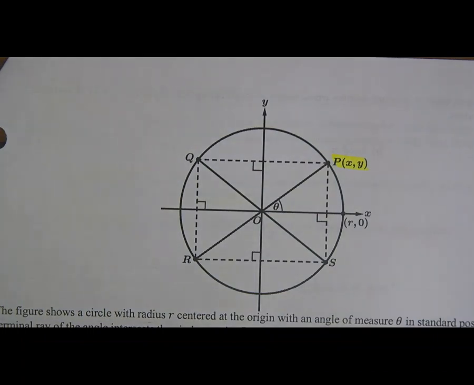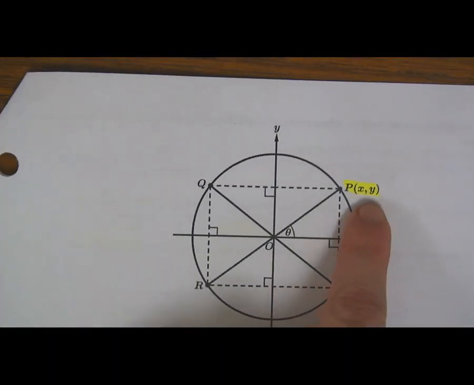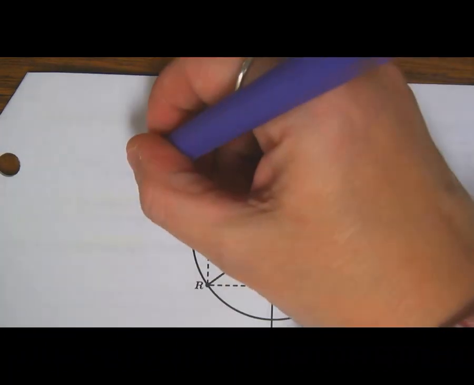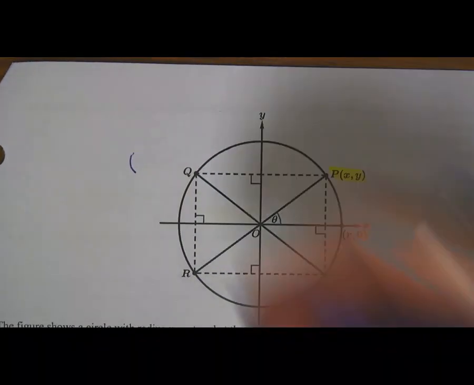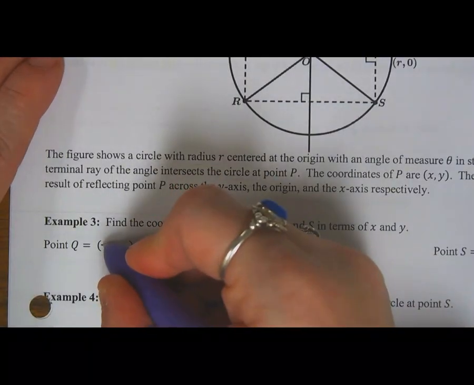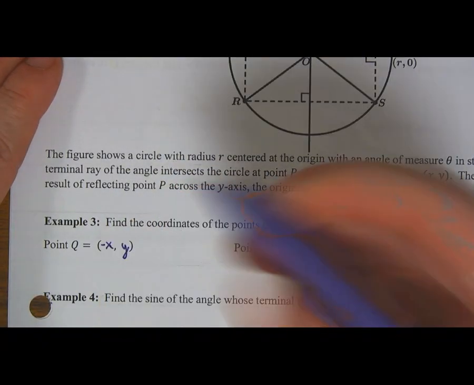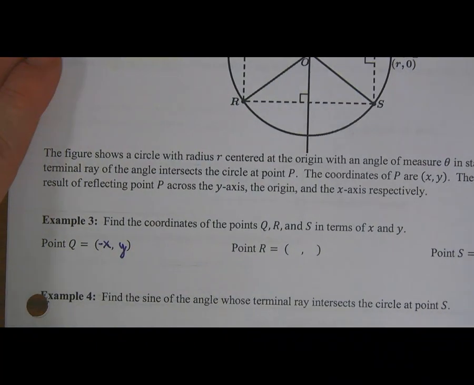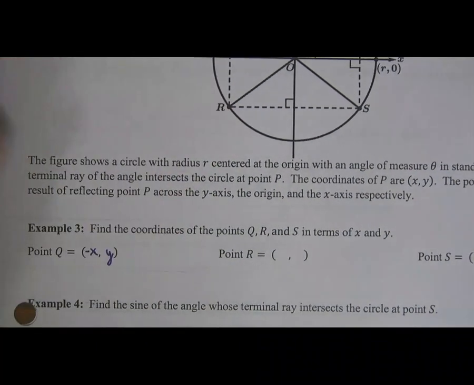The points Q, R, and S are a result of basically a bunch of reflections. So if P is called (x, y), what could we label Q as? (-x, y). Very good. And there's a place for you to write that down here. Point R is down there in quadrant 3.